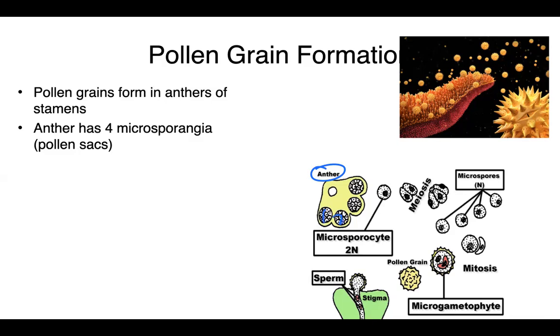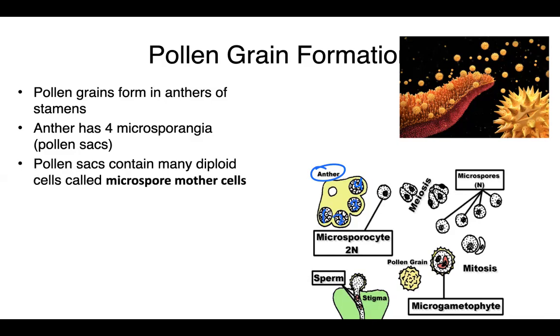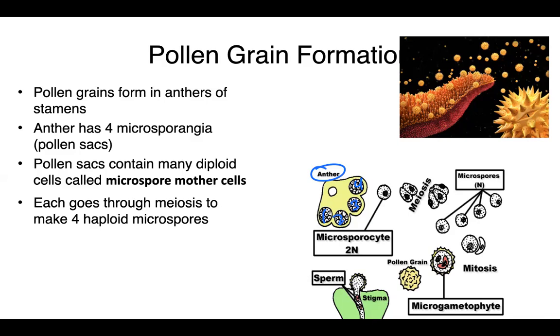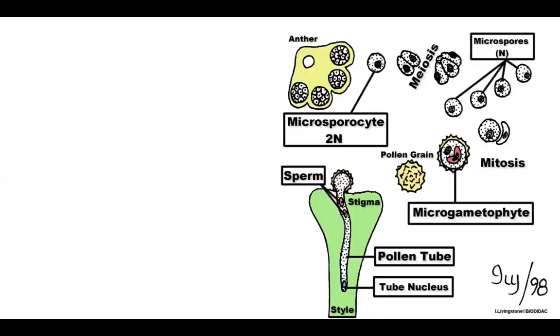You can see 1, 2, 3, 4. The pollen sacs contain diploid cells called microspore mother cells. Each goes through meiosis to make 4 haploid cells. So we go from here to here. These are the microspores.